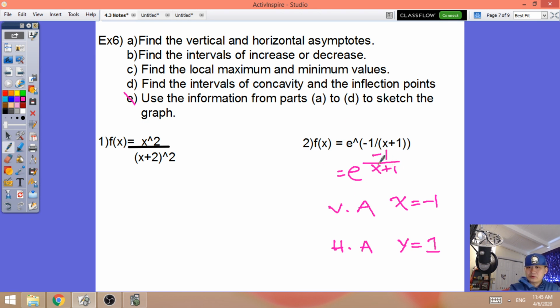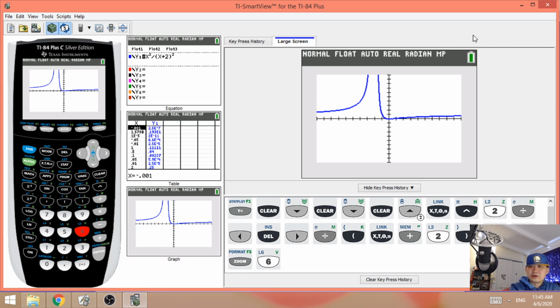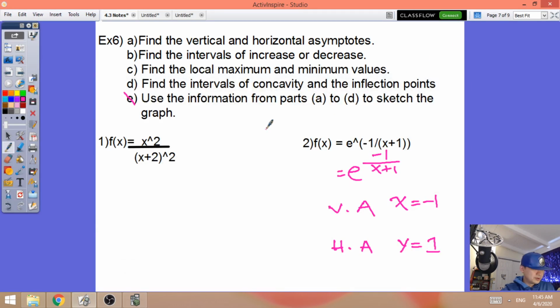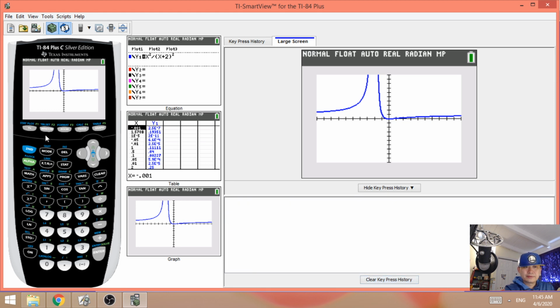Now, instead of doing it this way, we just want to do some kind of graph analysis. So let's put it into the calculator and see what happens. The function we have is e to the power of negative 1 over x plus 1. Let me clear all this.